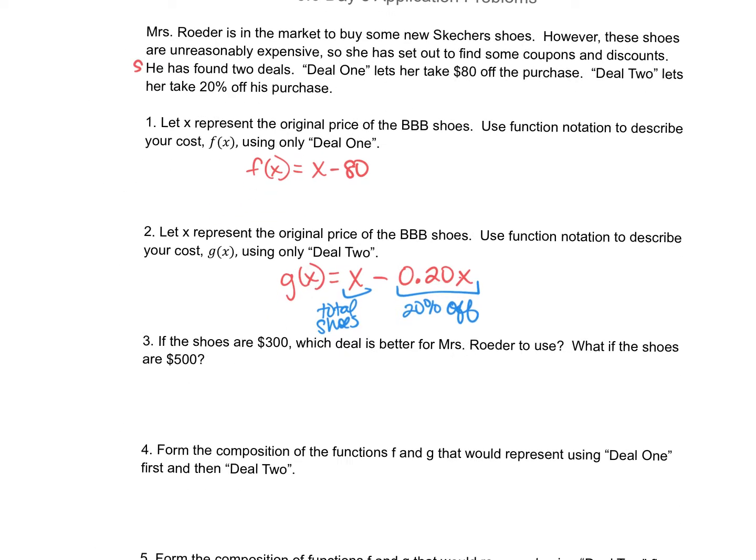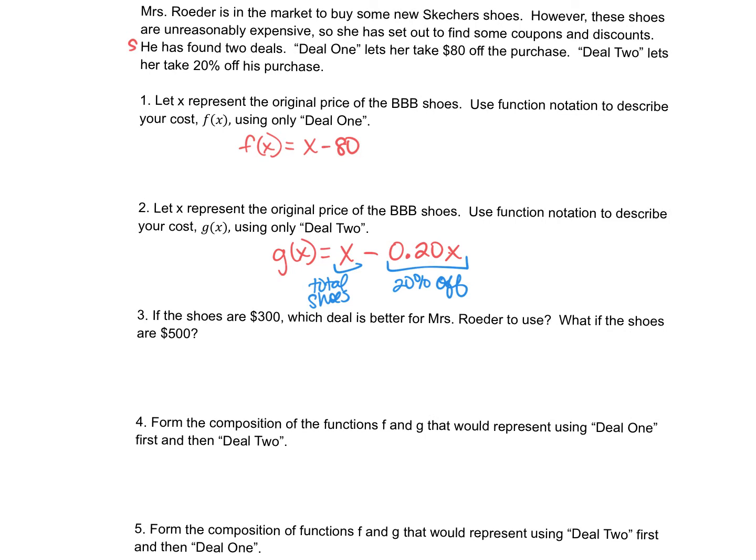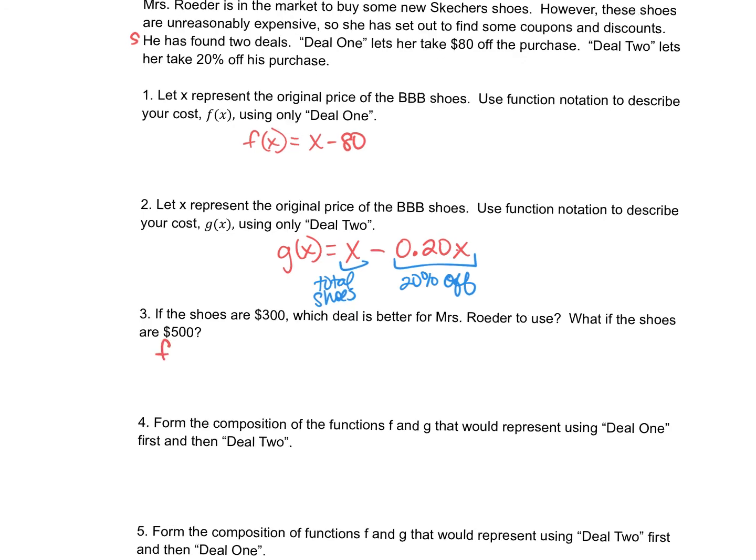Okay, so now we have our 2 functions. If the shoes are $300, which is the better deal for Mrs. Roeder to use? What if the shoes are $500? So they want you to figure out what the price would be both ways for $300 and $500. Let's do $300 first.